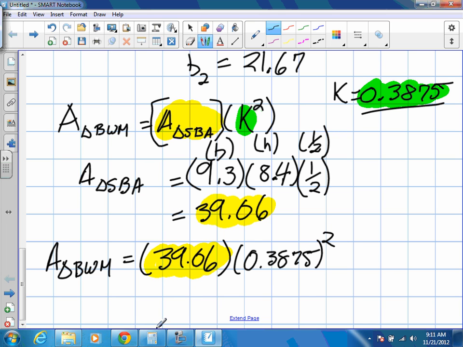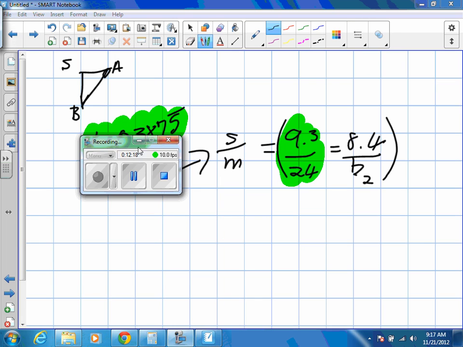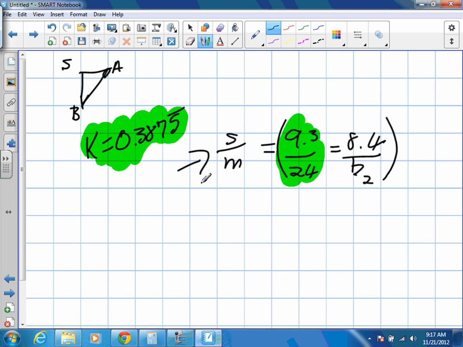Okay, so remember just a second ago we stopped where we thought we had the area, but I said there was an error in the question. That's because of the scale factor we've used. We used the smaller triangle, and this was our B. I think this was M, and that was a W, right?